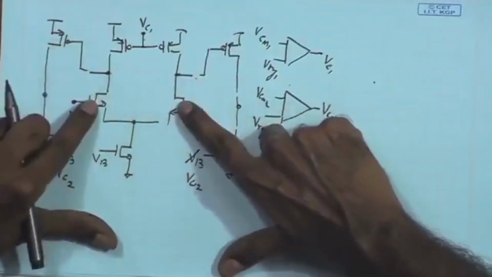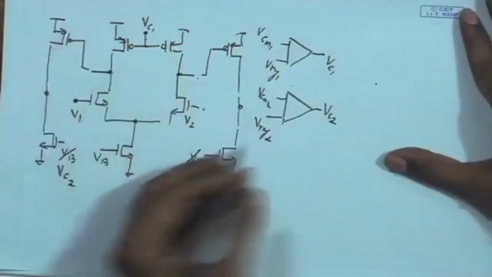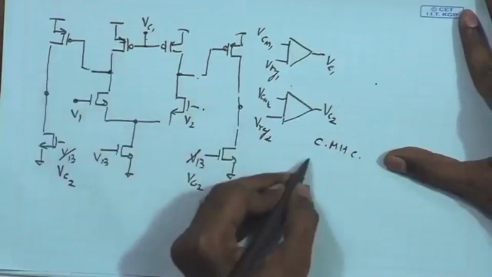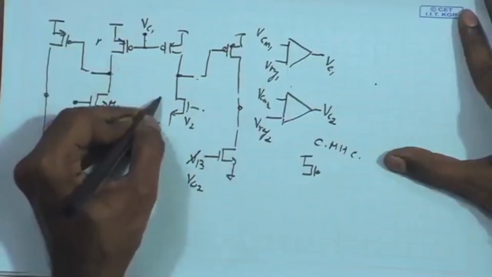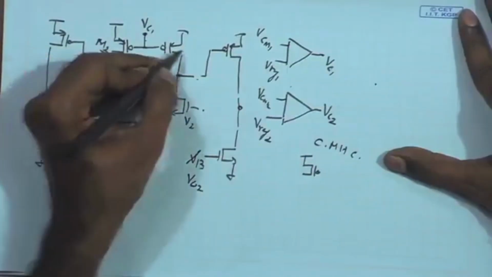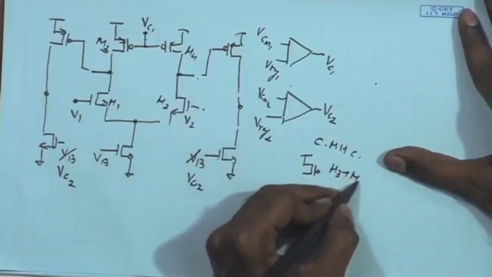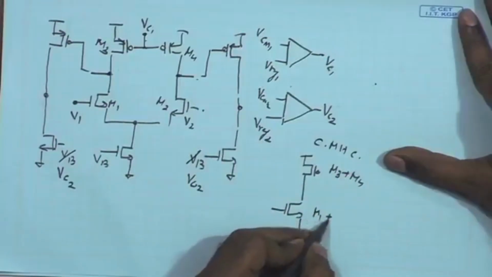So, in the common mode half circuit, we simply tie these two nodes together, and as a result, in the equivalent common mode half circuit, I will have the two transistors M3 and M4 tied together. So, I will have this as M3 plus M4, and the input device will be reduced to M1 plus M2.